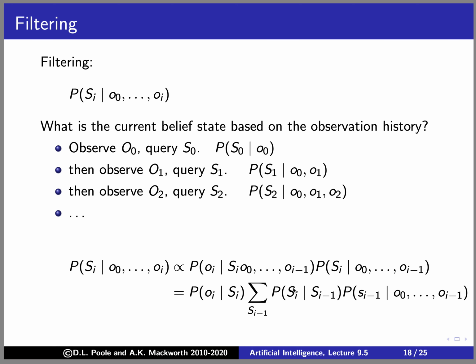To compute the right-hand one, we sum out Si minus 1, the previous state. It's the probability of Si given Si minus 1, times the probability of Si minus 1 given all the previous observations. Both of the first two are specified as part of the model, and the last is just the previous one we've just computed.